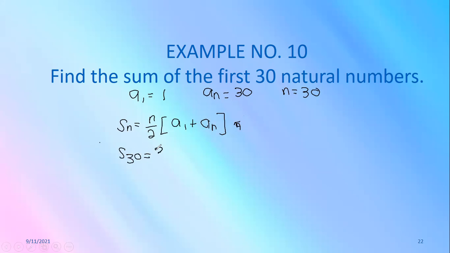So this is 30 over 2 multiplied by 1 plus 30. Okay, so this is equal to 15 multiplied by 31. So ang sum of 30 terms, 30 numbers natin is, so 31 multiplied by 15. So sige nga, solve nyo nga.